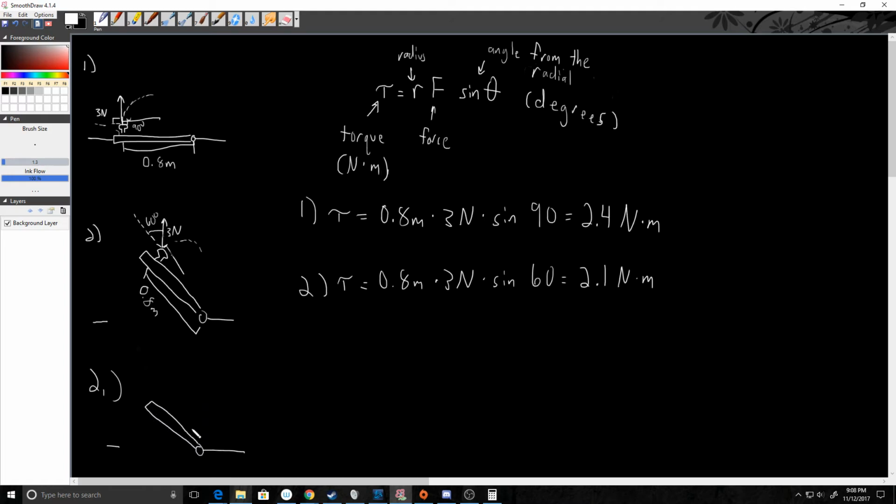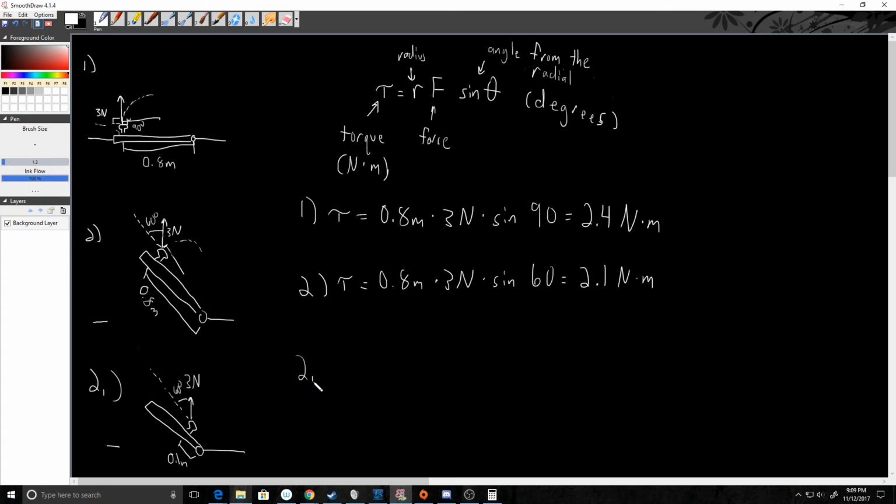Okay, this time, let's say our doorknob's quite a bit closer to the hinge. We're still going to pull straight out with 3 newtons of force, and you know what, we're even going to say that we're going to use that same angle of 60 degrees. But now let's say that that doorknob is only 0.1 meters away from the hinge, okay?